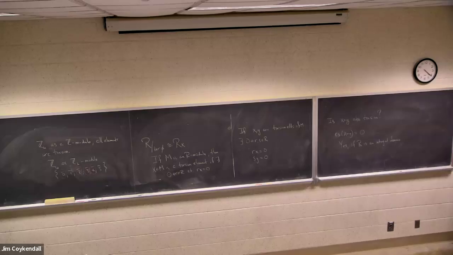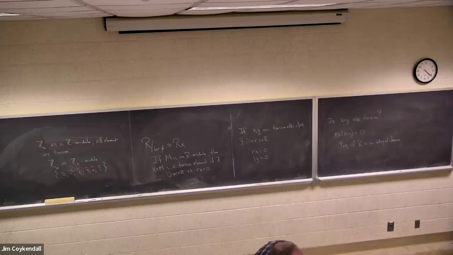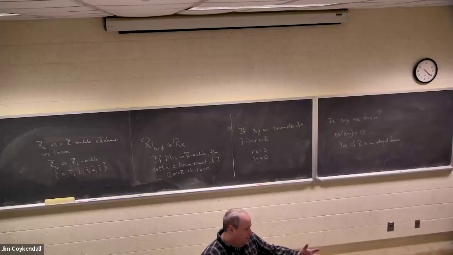Fine. Not if the module is unitary. And if you remove the condition that the module is unitary, then even something stupid works: Z is an abelian group, so you can make it trivially a module over Z2 by just making the operation take everything to zero. Right.